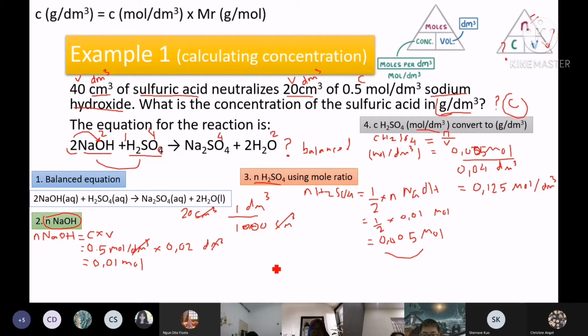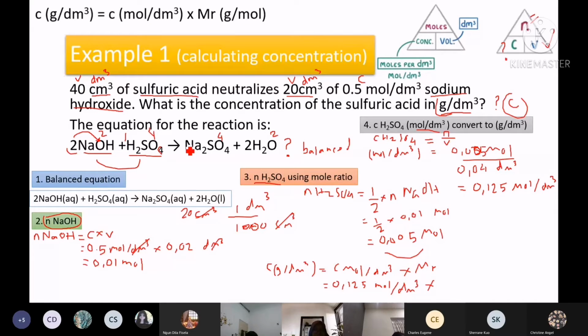The concentration in grams over dm cube equals the concentration in mole over dm cube multiplied by the MR. So 0.125 mole over dm cube multiplied by the MR. What is the MR of sulfuric acid, H2SO4?